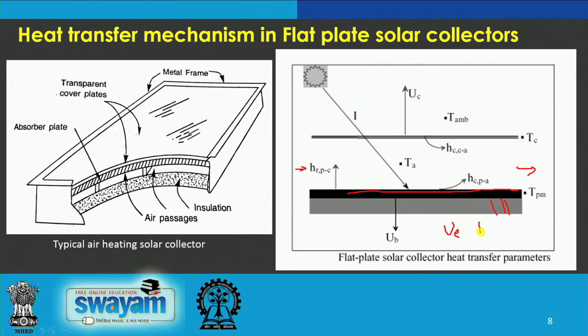So, the total heat loss coefficient of the collector is the top heat loss coefficient, that is U_C from the cover glass, plus U_B bottom heat loss coefficient plus edge heat loss coefficient U_E, and this U_L is the overall heat loss coefficient of the collector, a very important parameter to determine the performance of the collector.